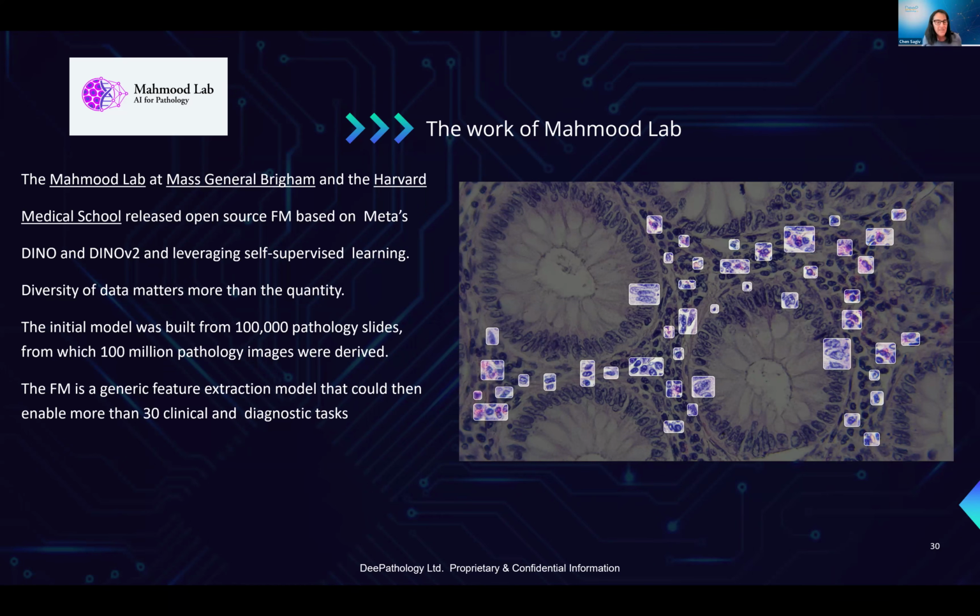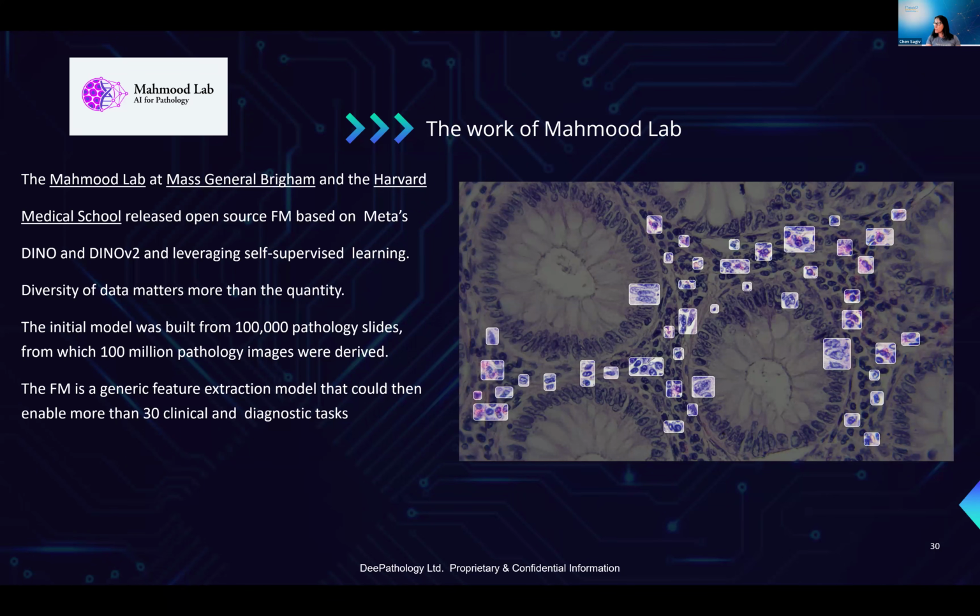So what did they achieve? They achieved a very strong representation of pathology images using the foundation model of Meta and retraining on their own pathology data. So they could use this. And just remember, we are interested in generating a good box, like we saw a few slides ago.